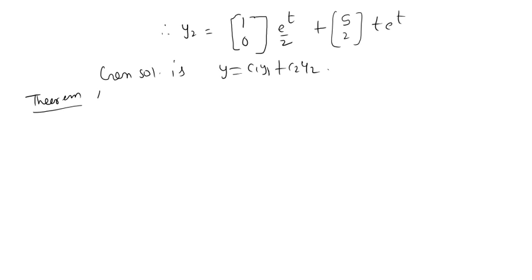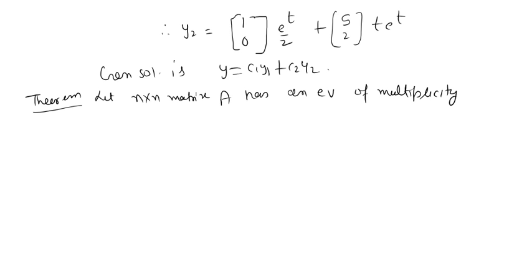So let an n cross n matrix A have an eigenvalue of multiplicity greater than or equal to 3, and the associated eigenspace is one dimensional.